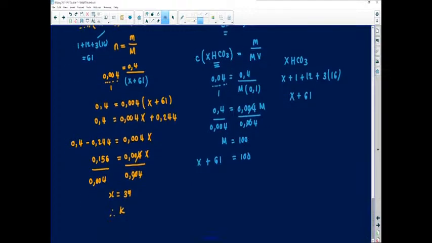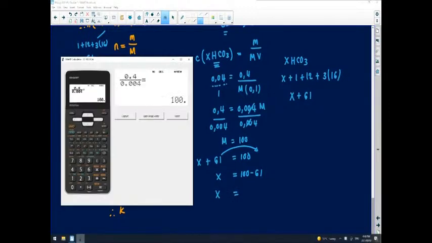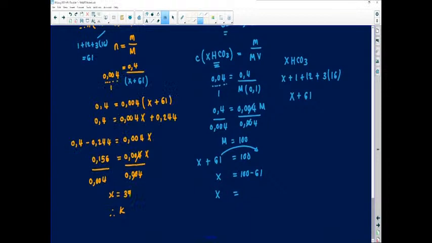So what I can do here, I'm going to take the 61 to the other side of the equation. So therefore, I'm going to say X is equal to 100 minus 61. Remember, if a number comes on the other side of the equation sign, then it becomes a negative. So I'm going to say X is equal to, and let's see if we get the same answer. Could have just used that one. 100 minus 61.